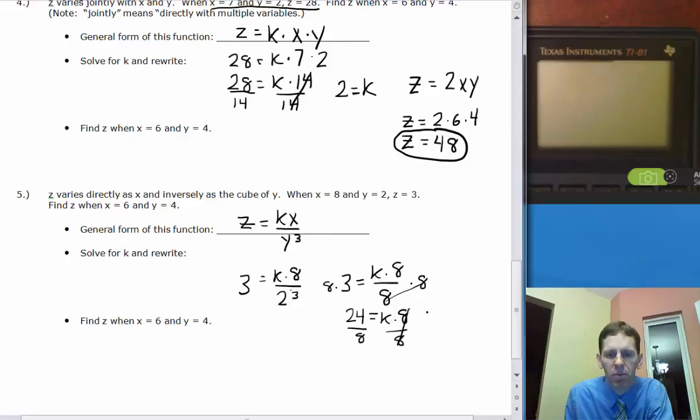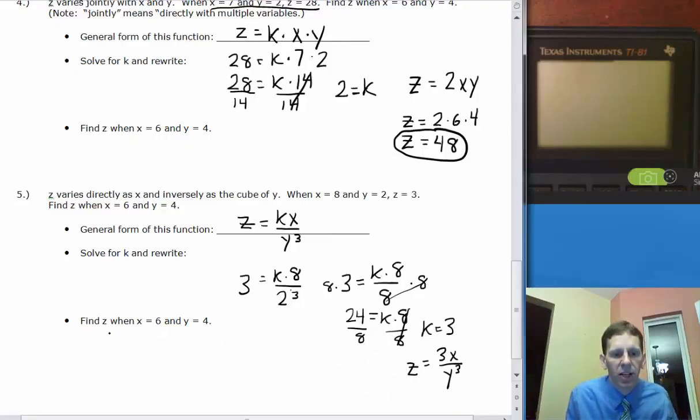We're going to get 3. So when we rewrite our equation here, it's going to look like z equals 3x over y cubed. Because we substituted 3 in place of k.